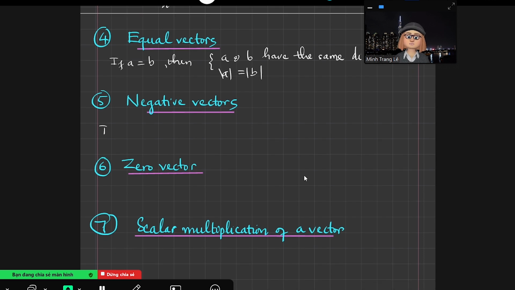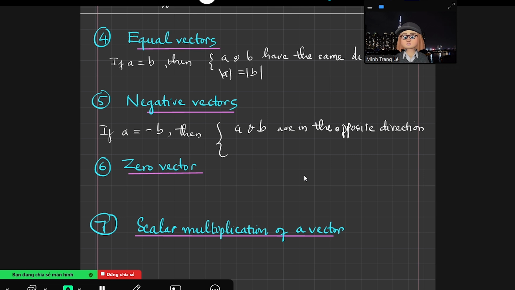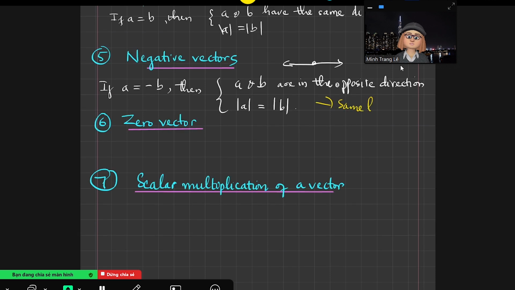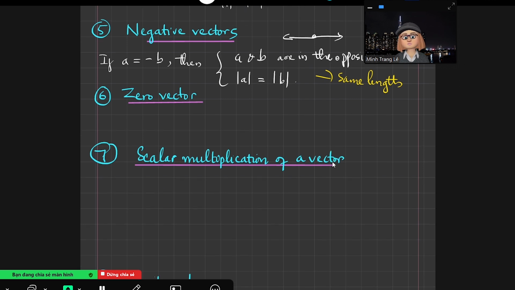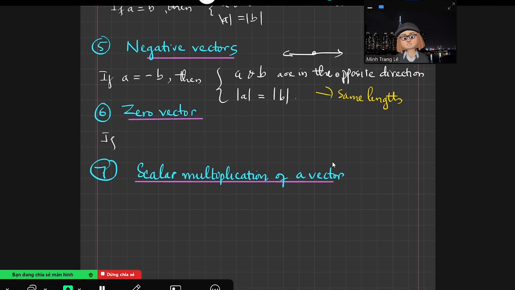But if a equals negative b, then a and b are in opposite directions, because one is going this way and one is going this way, and the magnitude of a equals the magnitude of b, so they will be the same length. And for zero vectors, if a is a zero vector or has zero magnitude, then the magnitude of a equals 0.